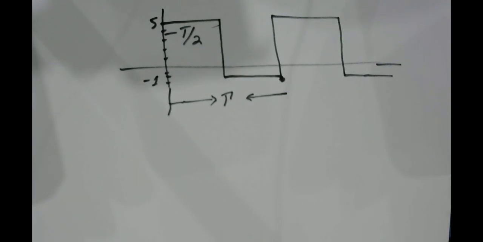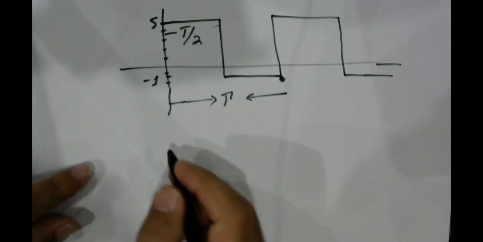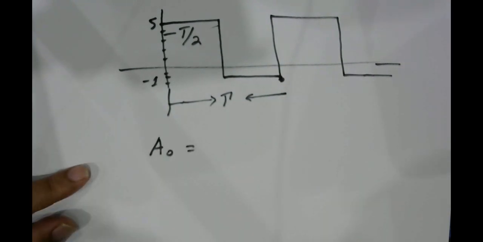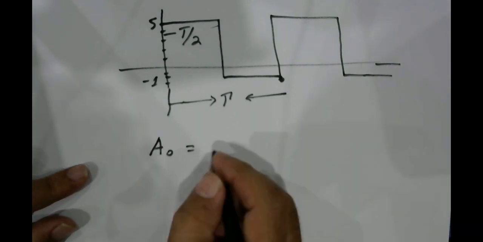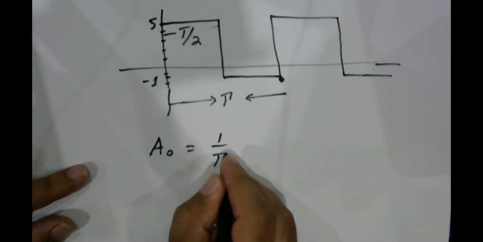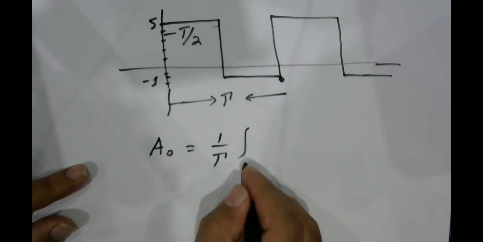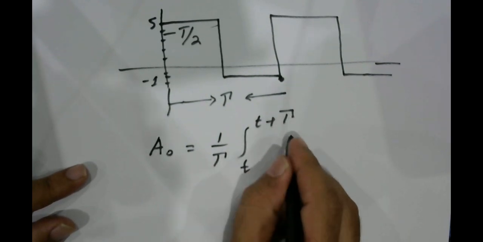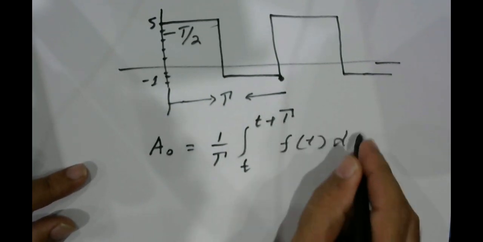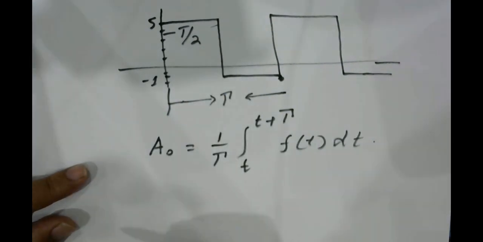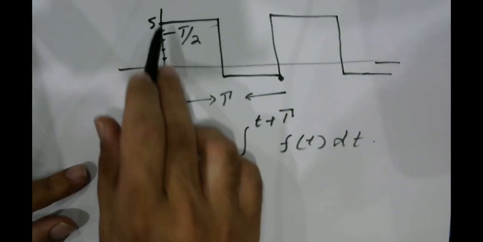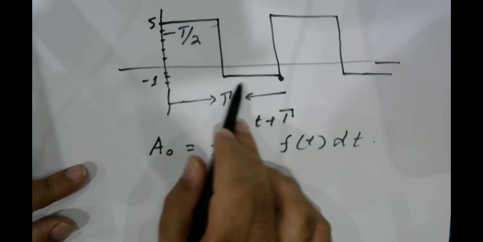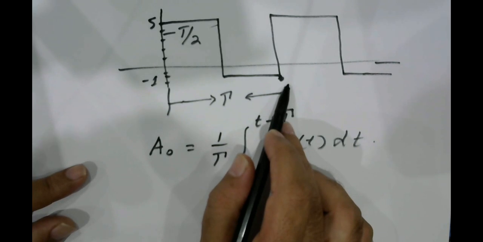So we need to find first the value a naught. So what will be a naught? You will need to find the average value of your function, right? So your function will go from t to t plus T, okay, f of t dt. But look closely at your waveform. Its value is 5 from 0 to T by 2, and its value is -1 from T by 2 to T, okay.